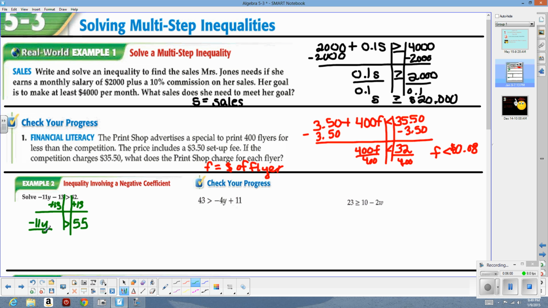Now to undo the multiplying, we're going to divide by negative 11. And since we're dividing by a negative, you need to make sure to remember to flip the inequality symbol around. So y is less than negative 5. Or the solution is all the real numbers y such that y is less than negative 5.